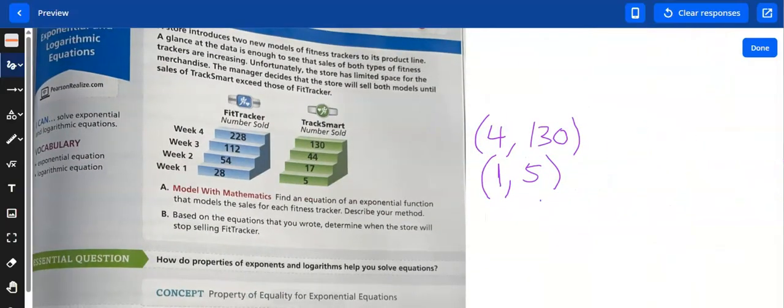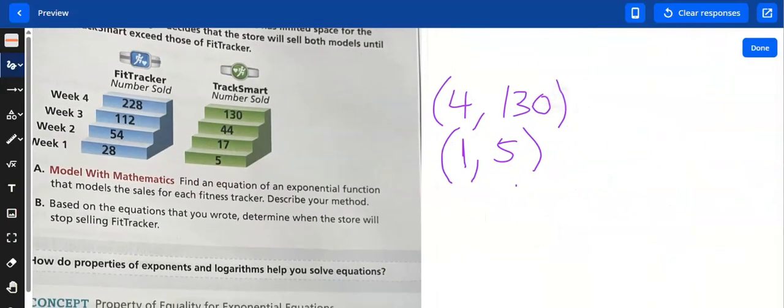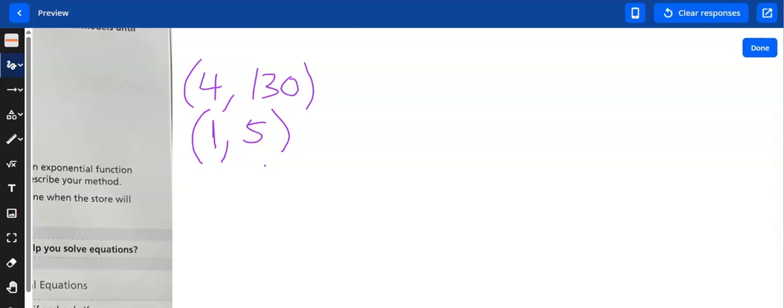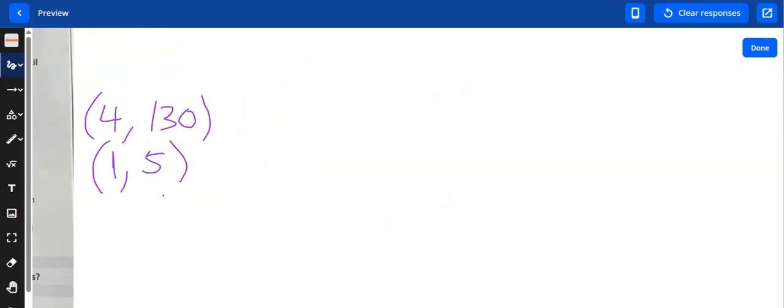Now, they wanted us to do the same thing with the other one, the TrekSmart situation. So start to finish, take the two coordinates. Which coordinate should we start with? Which coordinate should we plug in first?